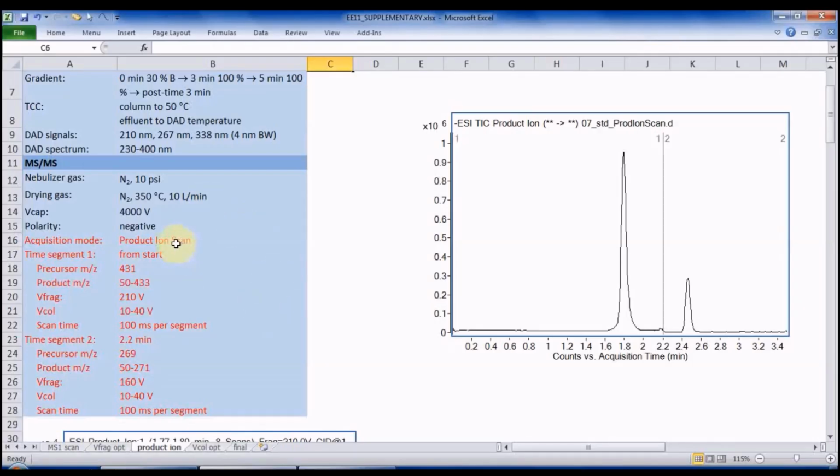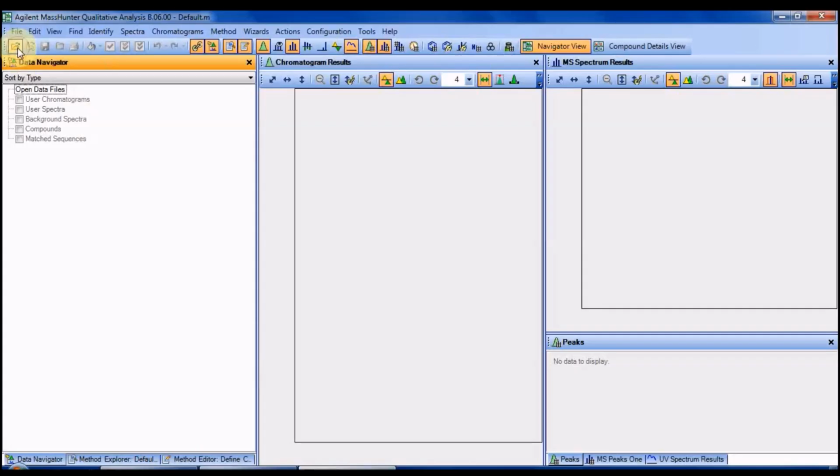The experiments are performed in product ion scan mode with deprotonated ions as precursors at previously determined optimal fragmentor voltage and with collision energies in 10 to 40 volt range with 10 volt increments. So now we can open our spectra.